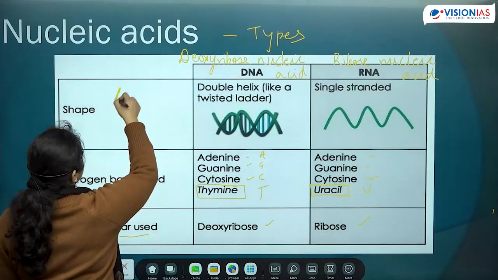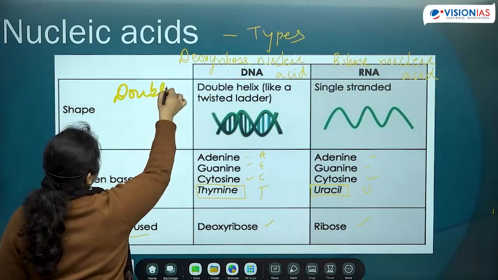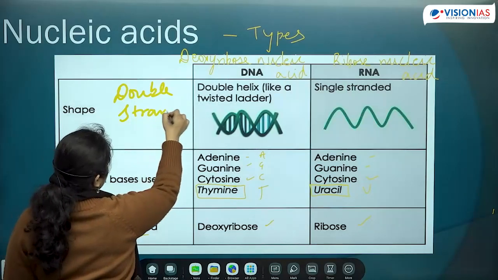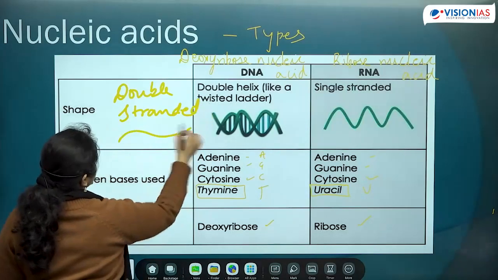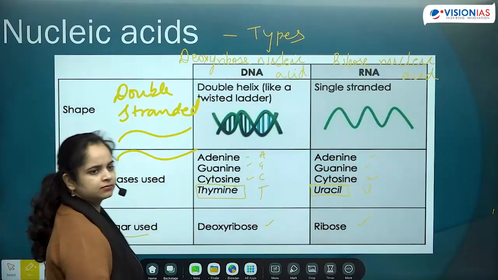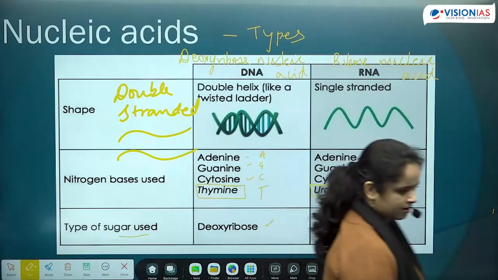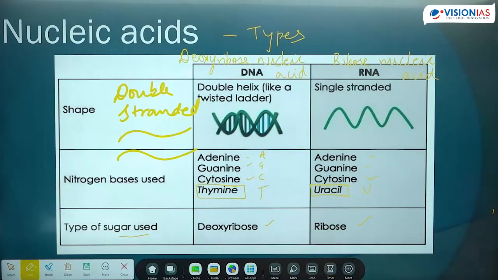Here you can simply write DNA is double stranded. Being double stranded means two chains, two ribbons, two strands. So DNA is double stranded, RNA is single stranded, and the sugar is deoxyribose in DNA, ribose in RNA, and thymine in DNA, uracil in RNA. The phosphate group remains the same.